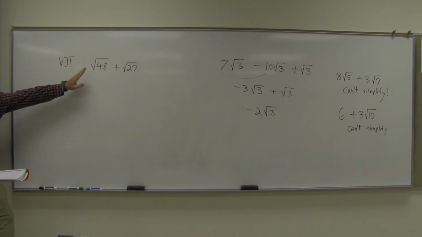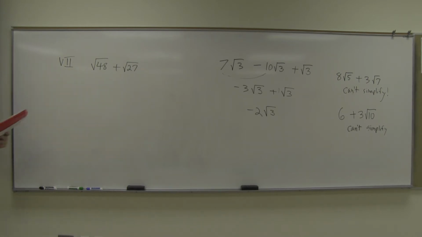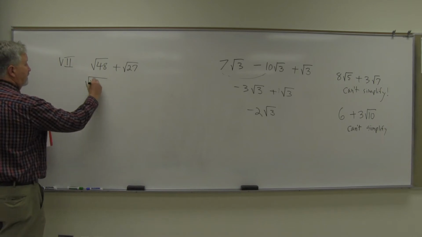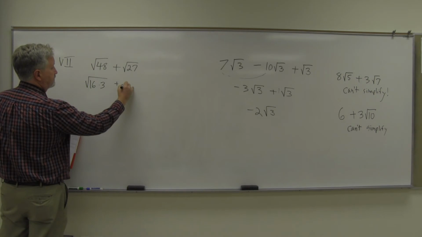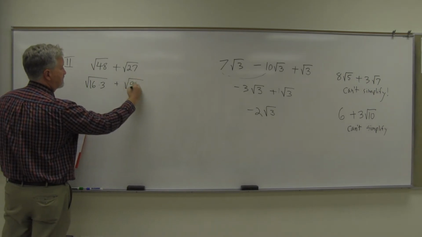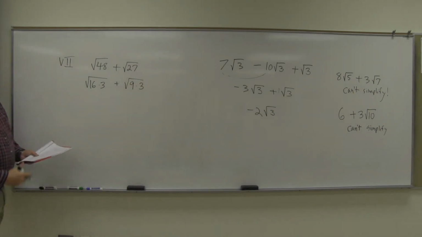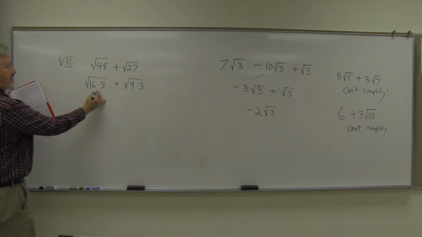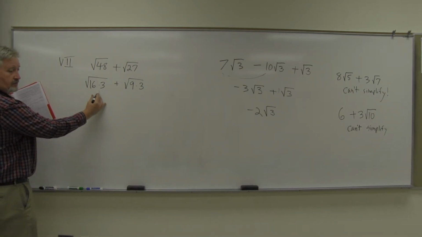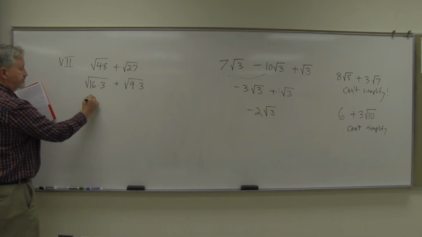Well, factor. Yeah, factor, you got 48, 16 times 3 is a factoring of that. There's others. And this one is 9 and 3. And the reason we factor it that way is because, like we said, you can split apart square roots when they're times like that.